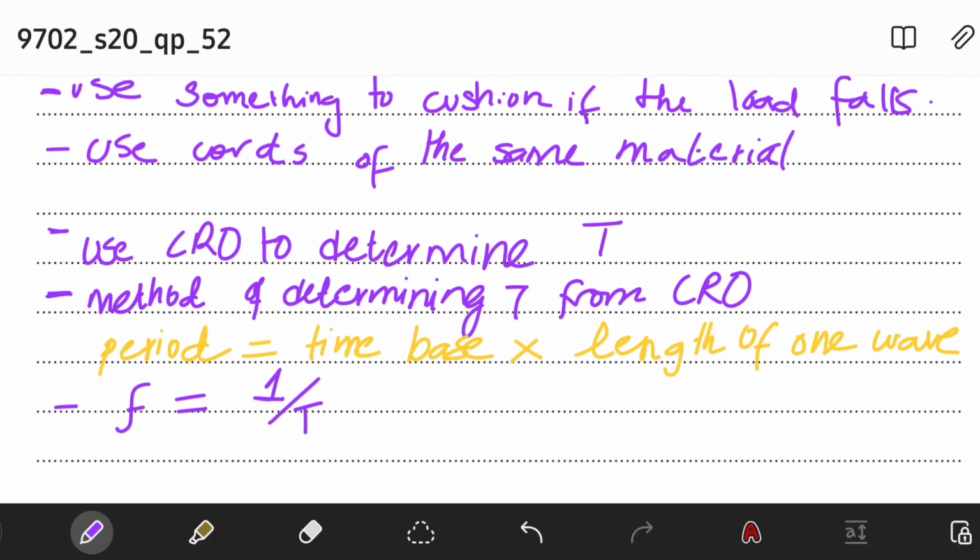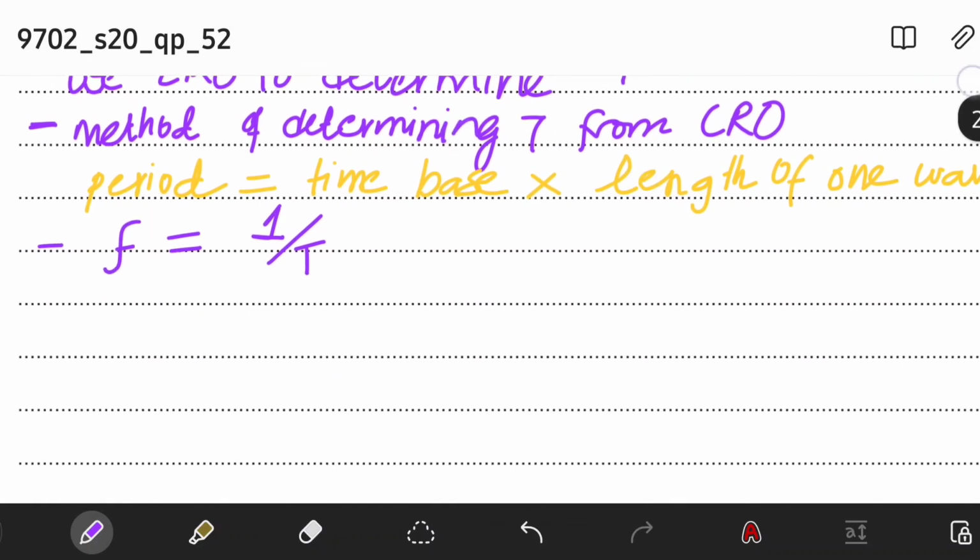You could say something to be taken care of. Whenever we are determining diameter of a cord or anything, we need to take measurements from 3 different points on the cord, so that if there's any error, that could be minimized.